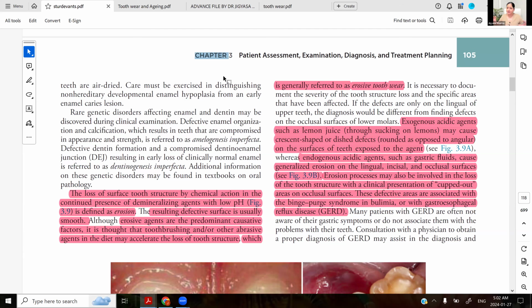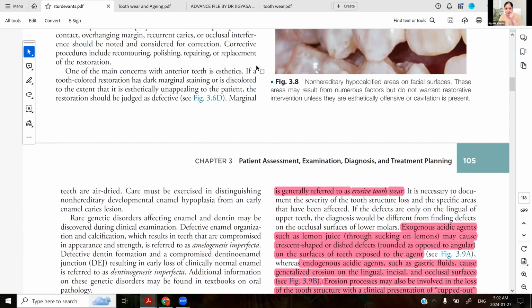So before I start the management part, I would briefly want to review with you all the types of wear, right? Before we address clinically how the wear presents, how it looks, and how you will categorize it, it becomes easier for you first to address the etiology, which is most important, right?